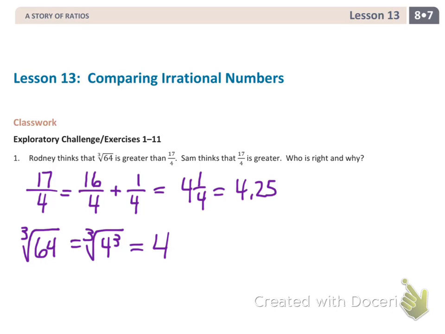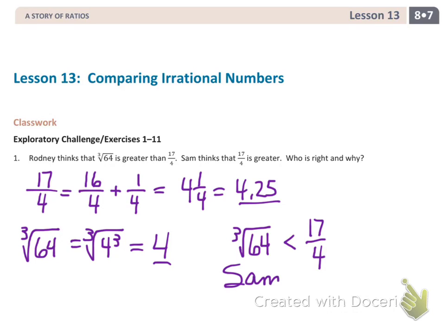Now I can compare these two representations, and I can see that the cube root of 64 is less than 17/4. So who's right? We would say Sam is correct, because 4 and 1/4 is greater than 4.